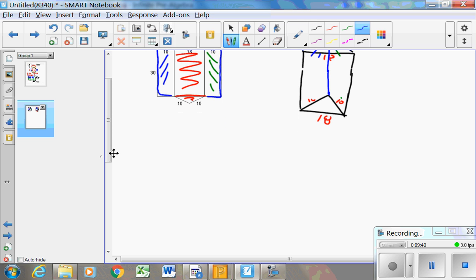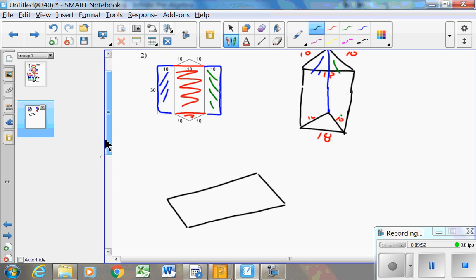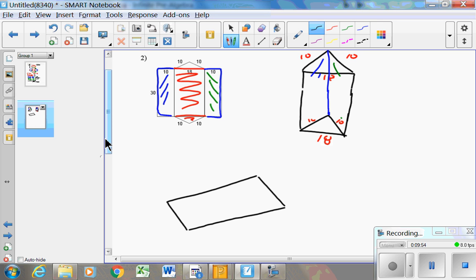I think probably an easier way for us to see this is, like I said, drawing things on a bit of an angle. So if the bottom is a rectangle, this bottom rectangle is my 18 by 30 rectangle.